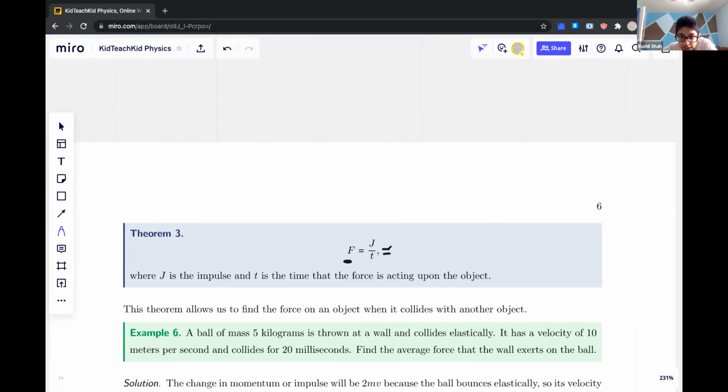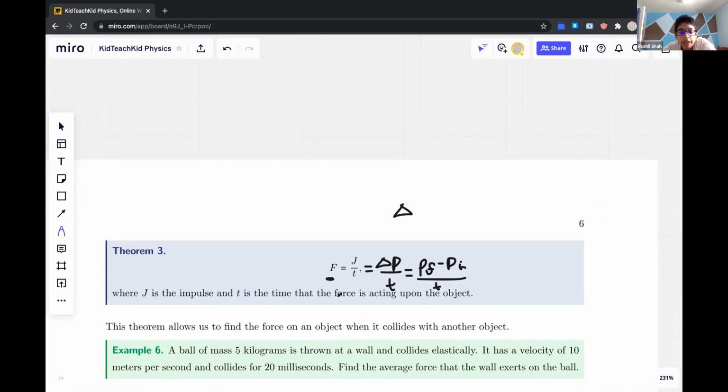Since impulse is the change in momentum, we can write this as delta P over t, and the delta, or this triangle symbol, just means change in. So this is the change in momentum over the time. And we know the change in momentum is the final momentum, P f, minus the initial momentum, P i, over t. So this will be the force on an object when its momentum changes.